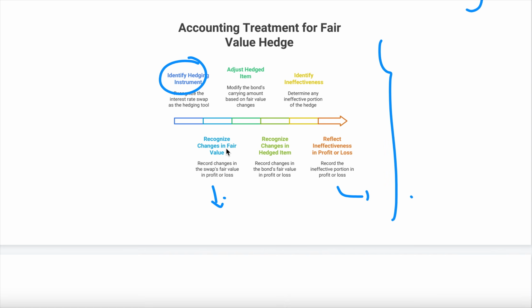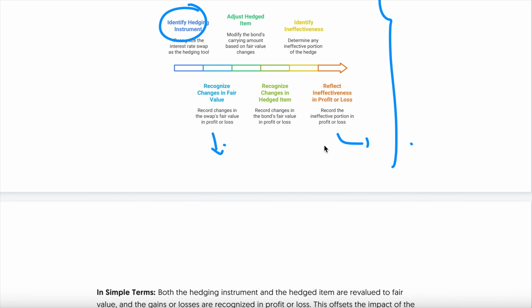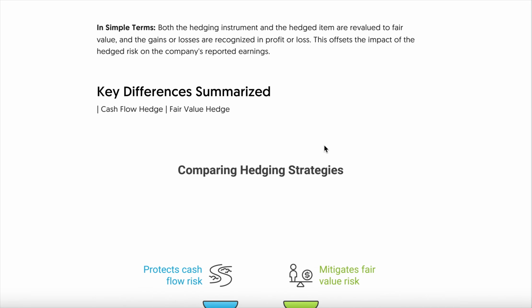So 1, 2, 3, 4, 5, 6 steps in here. Once again, in simple terms, both the hedging instrument and the hedged item are revalued to fair value, and the gains or losses are recognized into the P&L. This offsets the impact of the hedged risk on the company's reported earnings.